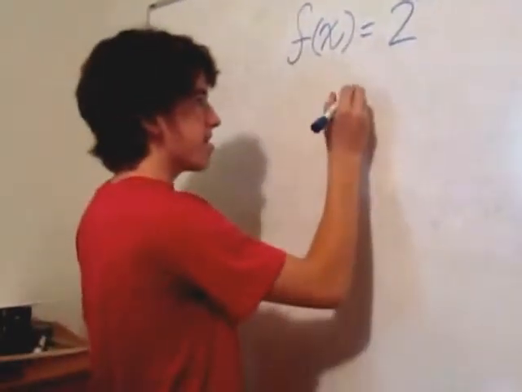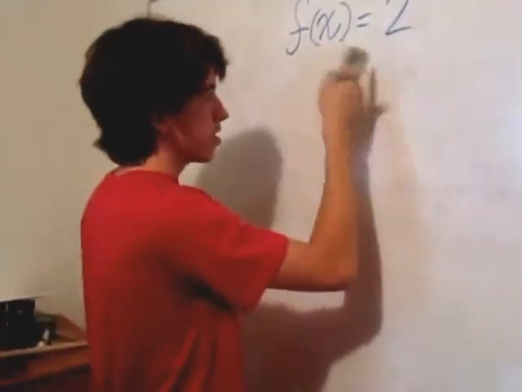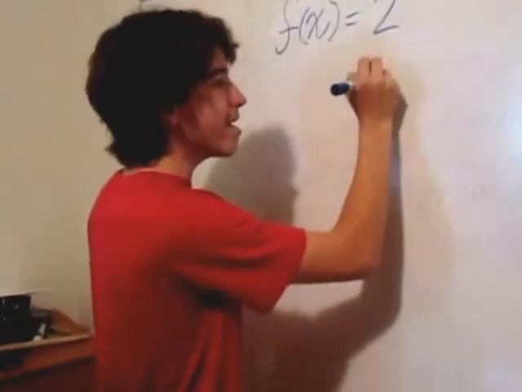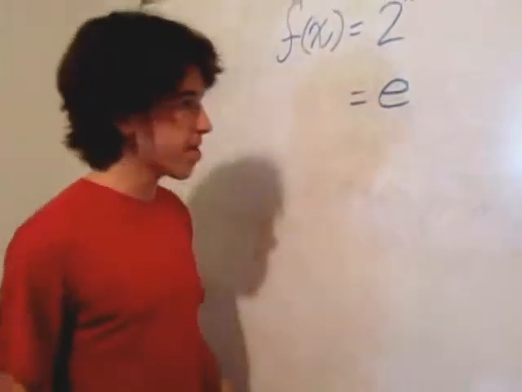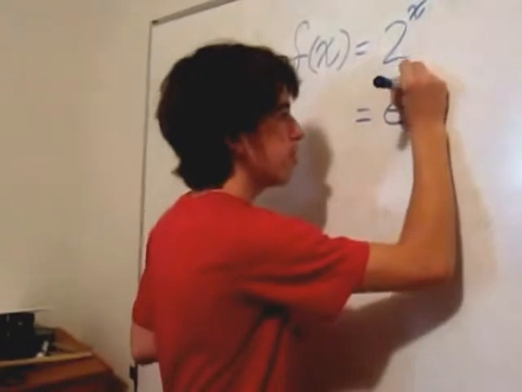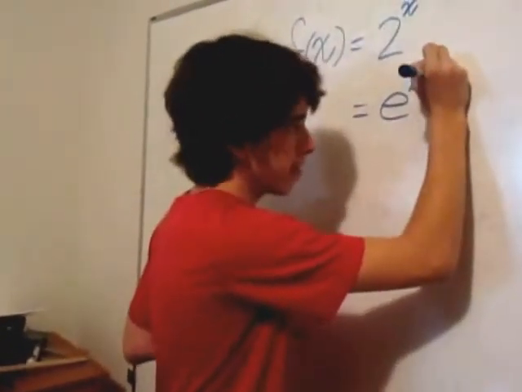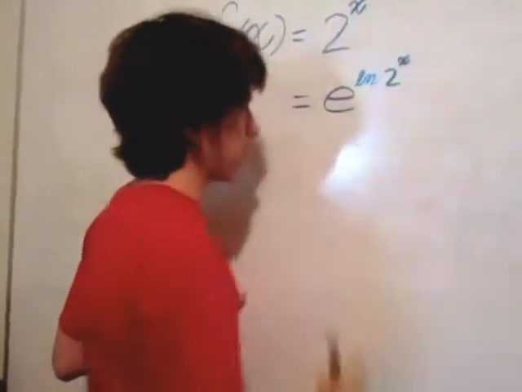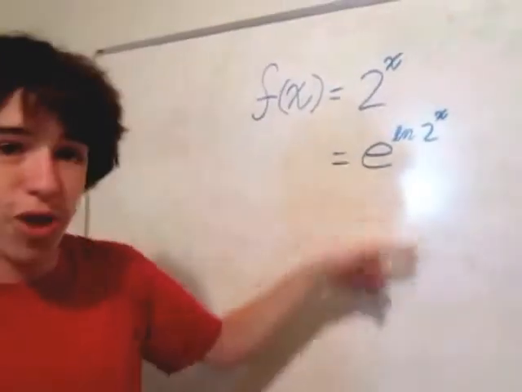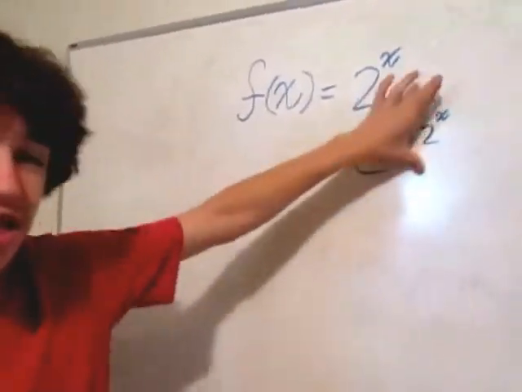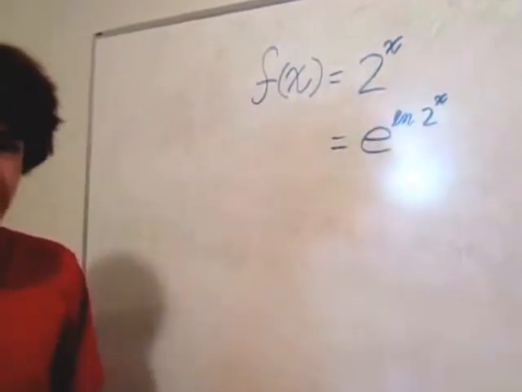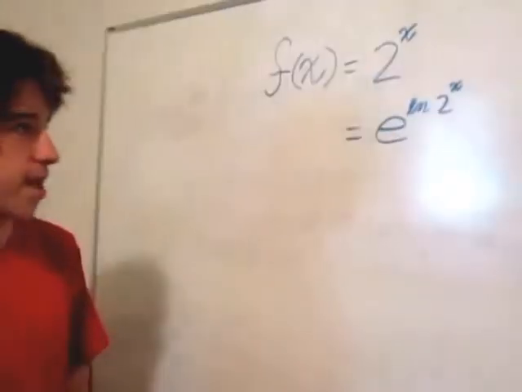Now, this is the same as e, the base of the natural logarithm, to the natural log of 2 to the x, right? Because if e is raised to what e is raised to get to 2 to the x, then it's just 2 to the x. That's the same thing.